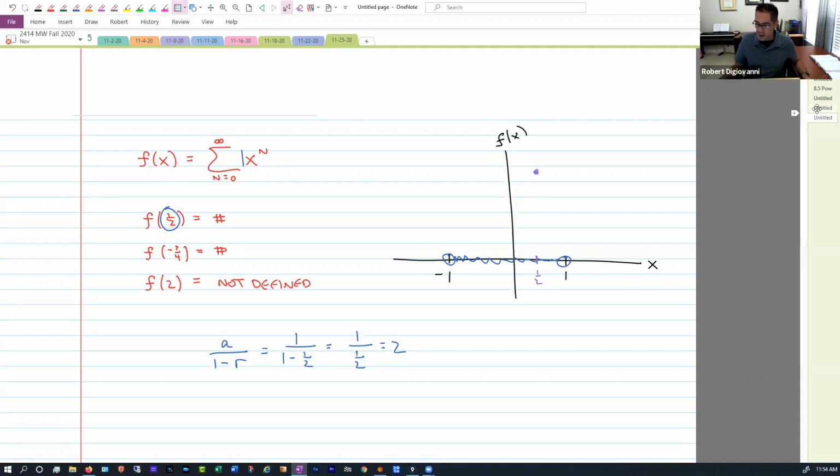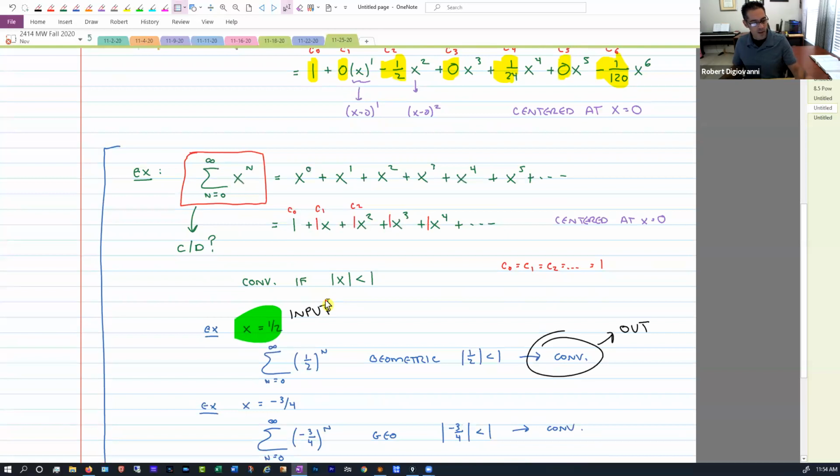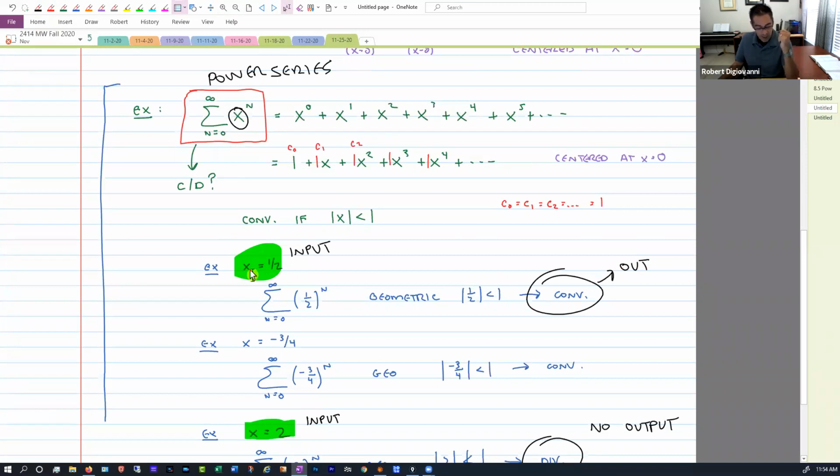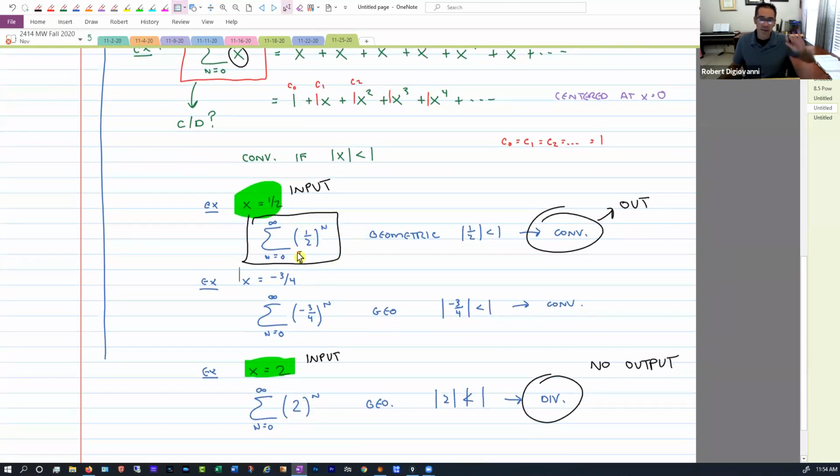So if I go back to this page again, one last kind of recap. This is a power series. It may or may not converge. It depends on what you do with x. If we give you a certain x value, then this series here is what we've been studying, that's a series that we did in chapter 8, sections 2 through 4.